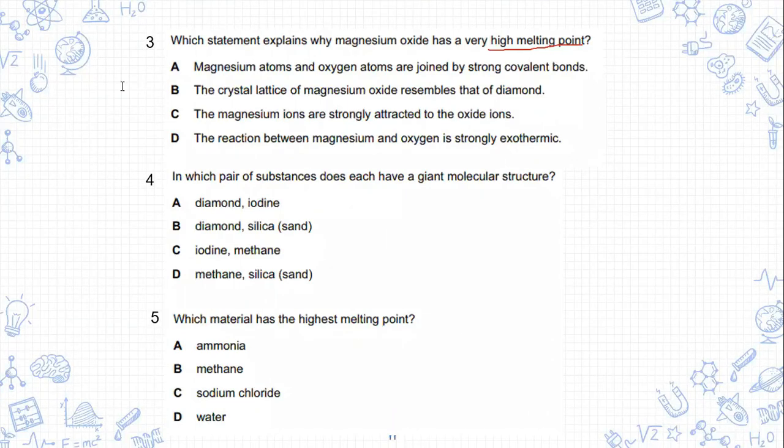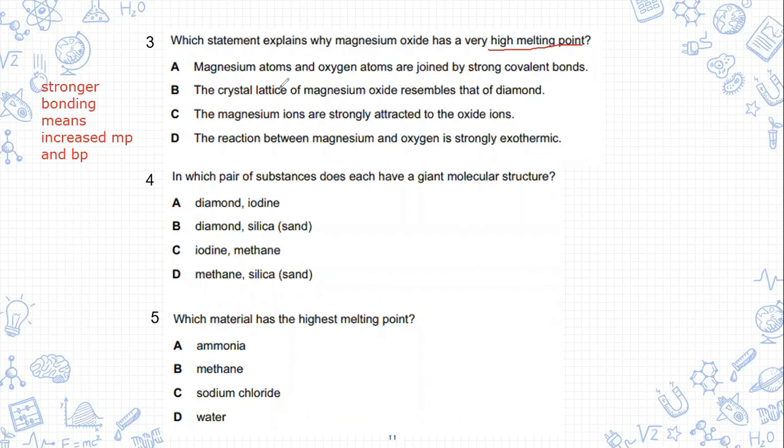So this always has to do with the bonding. Stronger bonding means increased melting point and boiling point. The second one is that the crystal lattice of magnesium oxide resembles that of diamond. This doesn't have anything to do with the bonding.